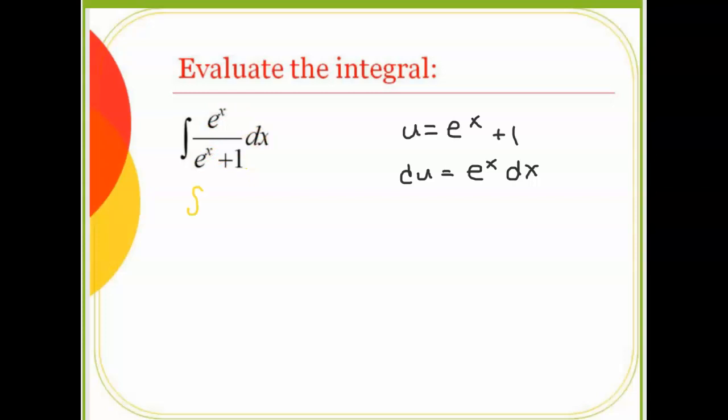So your integral becomes 1 over u du, and whose antiderivative is 1 over u du. Now ln. And don't forget your absolute values that we talked about at the very, very beginning.